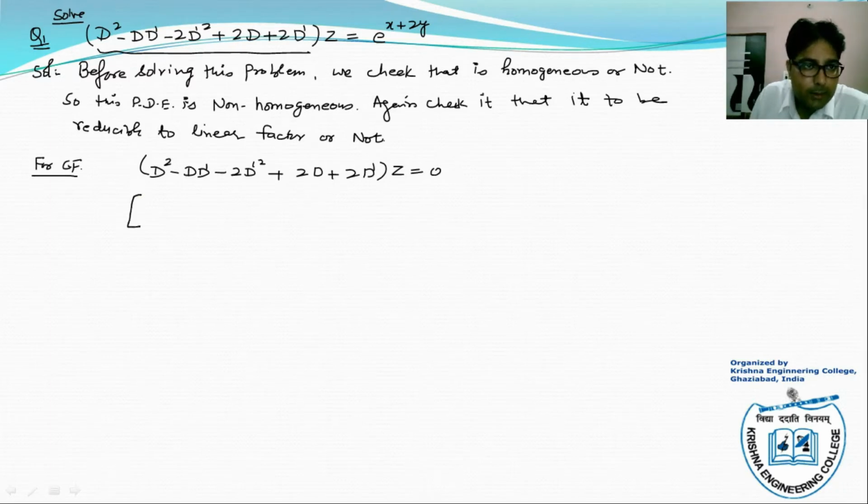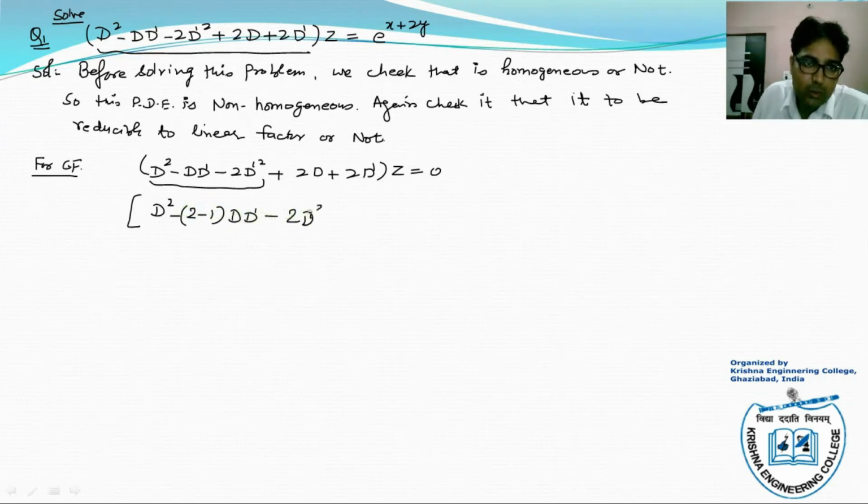This is the second order term. We collect the second order terms together. So this can be written as D square minus D D dash minus 2D dash square plus 2 times D plus D dash, z is equal to 0. Clear?